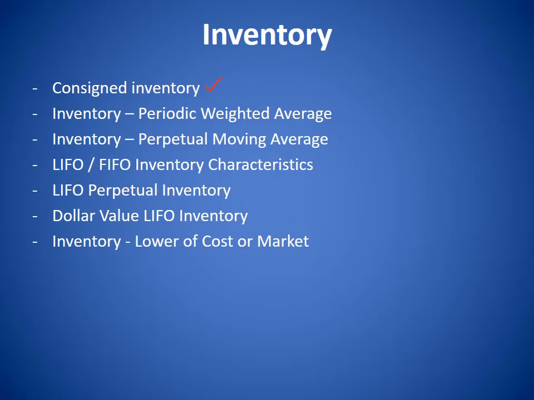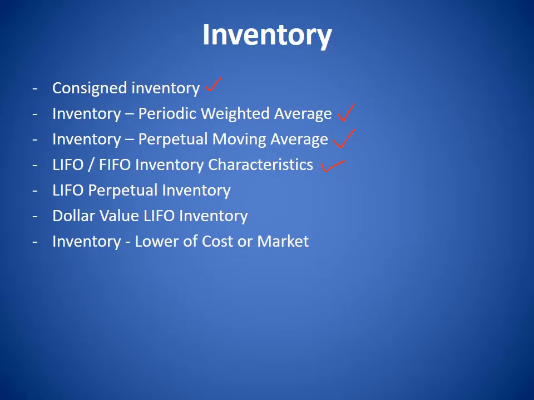And inventory valuation regarding how do we value inventory under a periodic weighted average basis, perpetual moving average basis. We're going to do at least one slide on LIFO versus FIFO inventory characteristics.